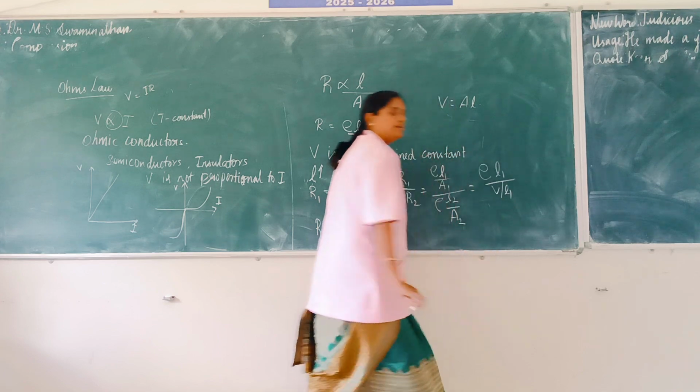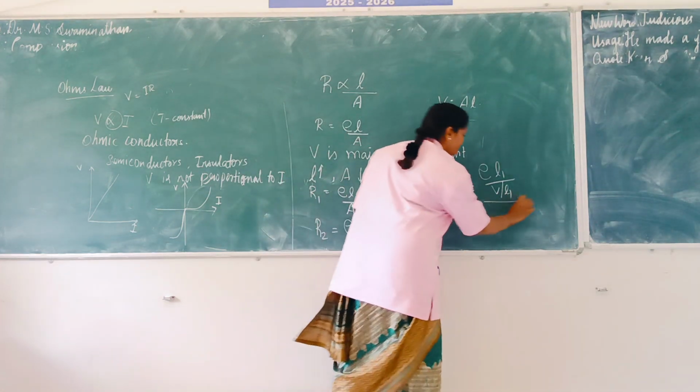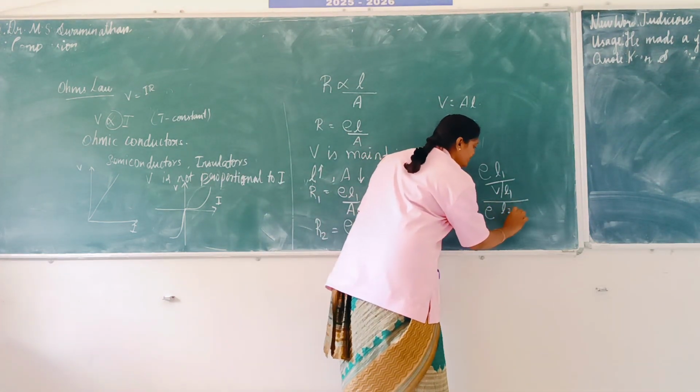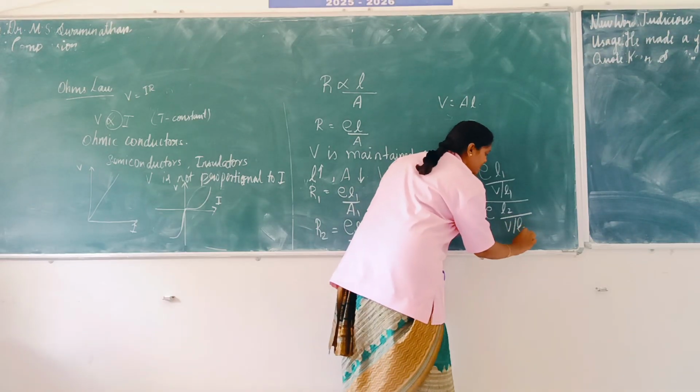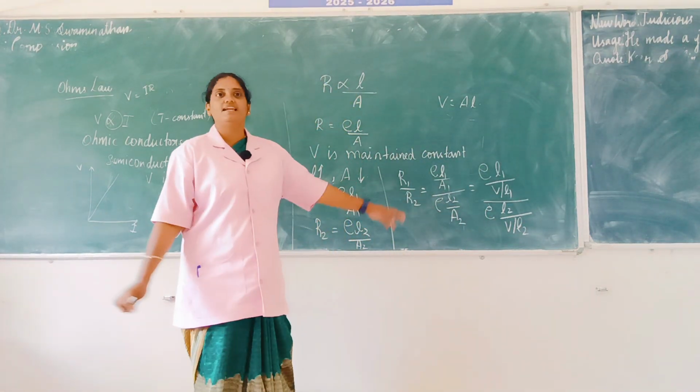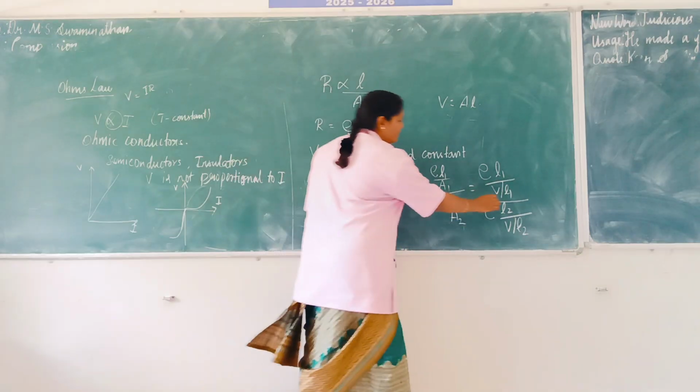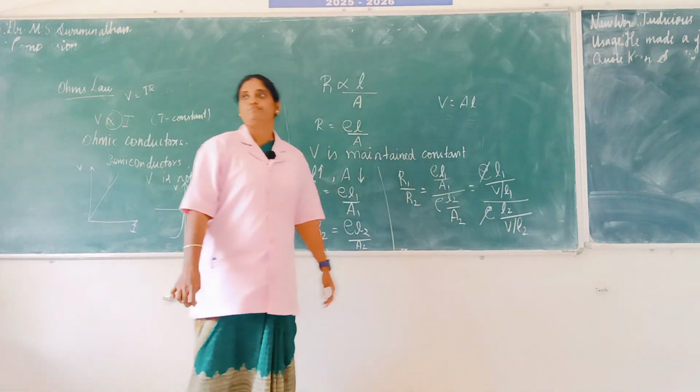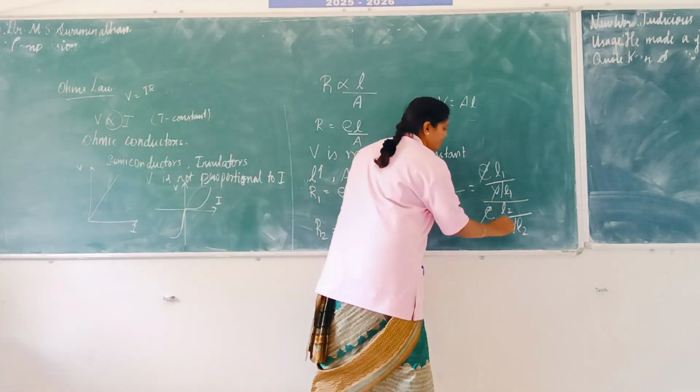In the same way, rho L2 divided by V by L2. Here, what gets cancelled? Rho as well as V, right?